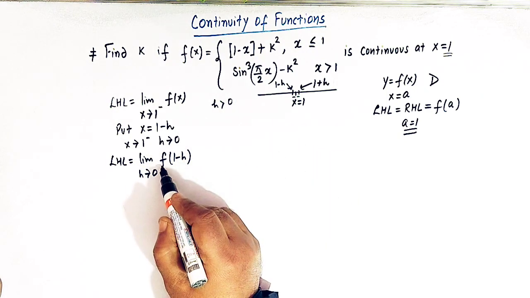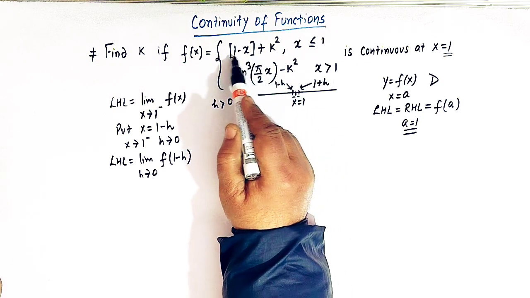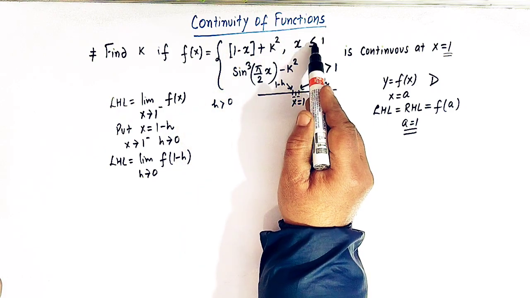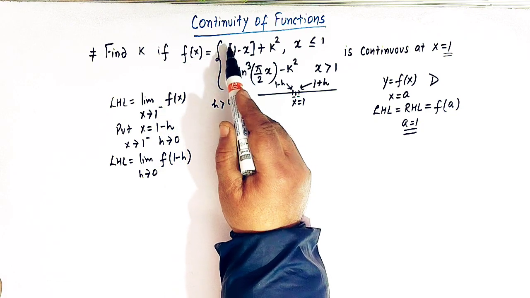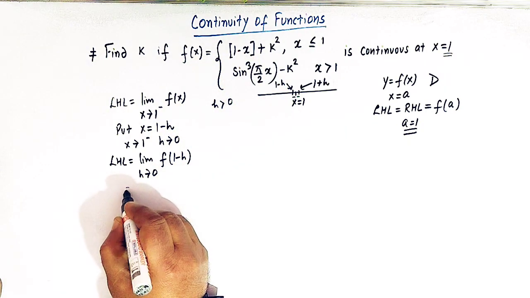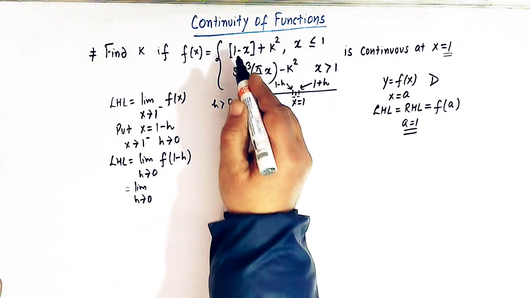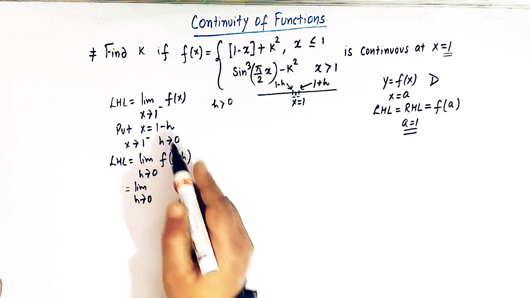Now f of 1 minus h may be taken from this form of the function: for x less than or equal to 1, f of x is the greatest integer of 1 minus x plus k square. So the limit as h tends to 0 of f of 1 minus h is obtained by taking x equal to 1 minus h.